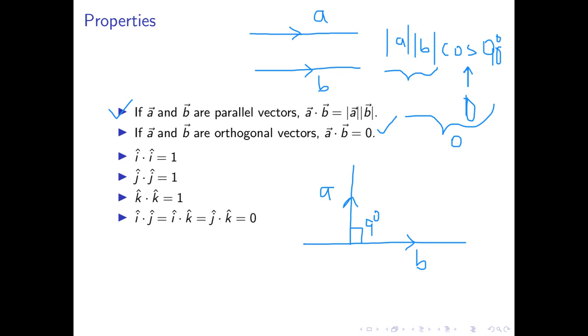You can also do the same proof for components or unit vectors. For unit vector, if you have unit vector I dot multiplied by unit vector I, they're going to be 1. The same thing for J, the same thing for K. The only time when this will be 0 will be when you're multiplying the unit vector I by J, I by K, J by K, and so on.